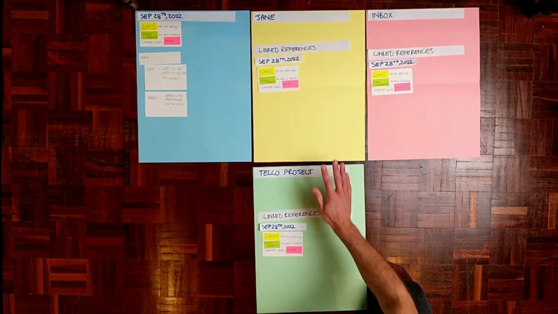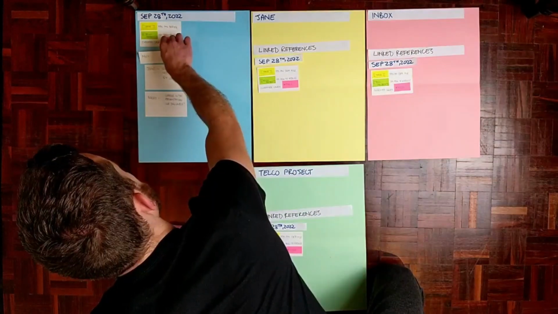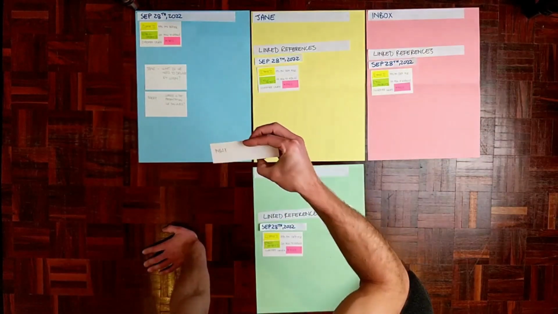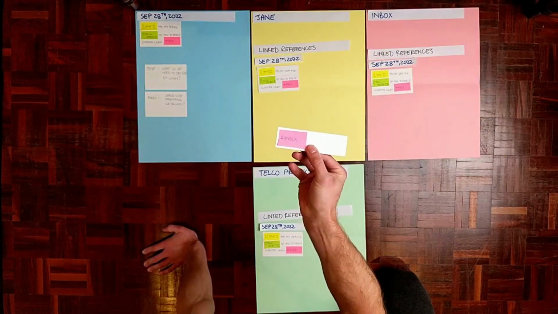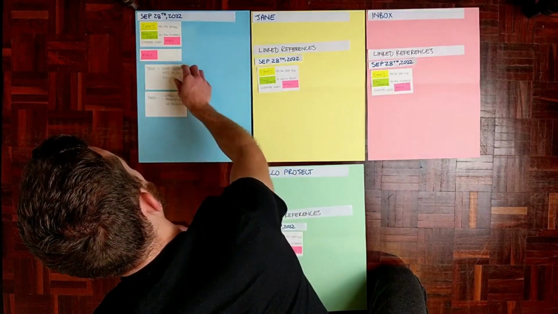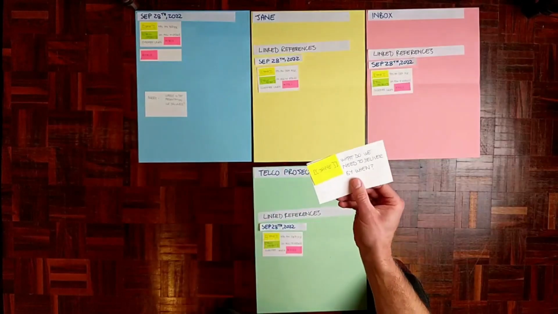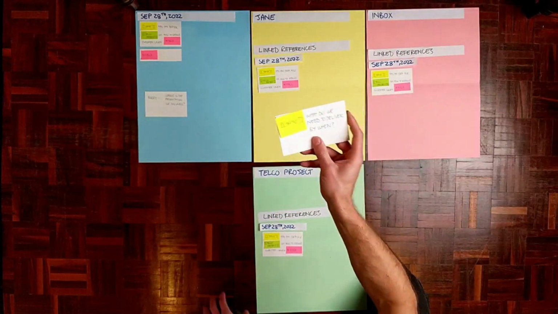Okay, so what do I want to do now for the remainder of these blocks? Well, for this inbox, I'm simply going to replace that with a tag, inbox. So there we go, I get inbox, and then I can flip this over and I've got here Jane, what do we need to deliver by when?